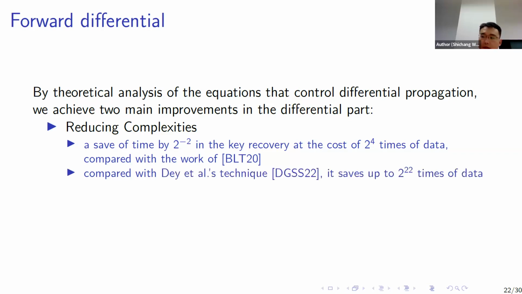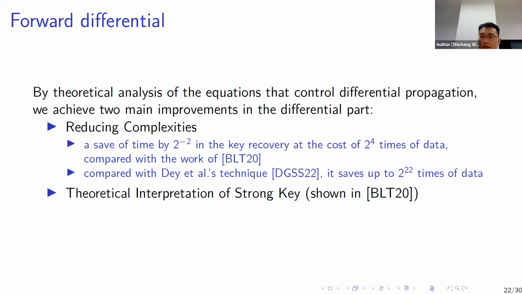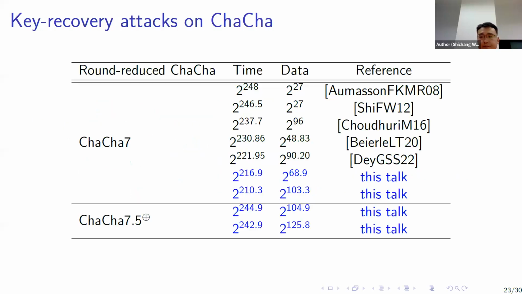Compared with this technique, it doesn't require restriction on exploited key and saves up to 2 to the power of 22 times of data. Another one is that a more comprehensive theoretical explanation is presented for the strong key, which covers all the remaining 6 out of 8 cases, unlike the previous analysis.